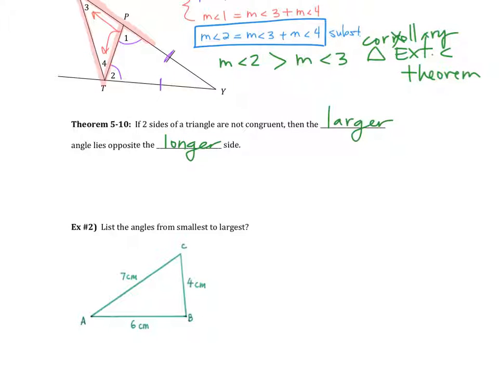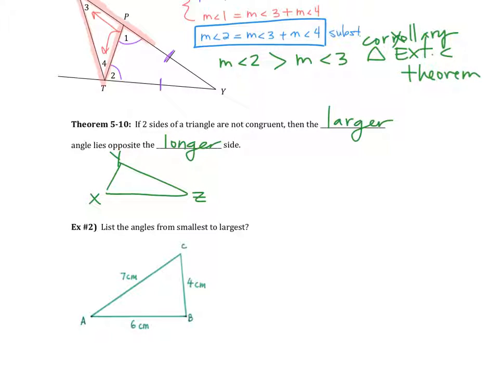Okay, and I'm going to draw you a picture here just to help you visualize that. So let's say this is X, this is Y, and this is Z. It says the larger angle is across from the longer side.